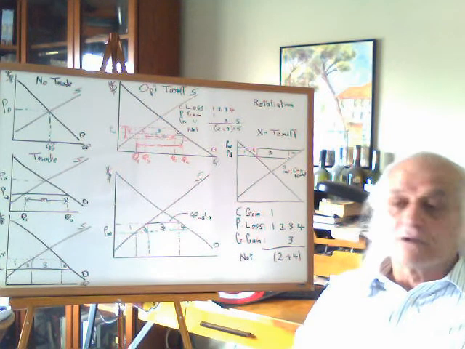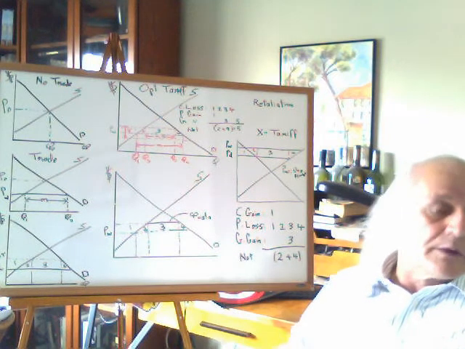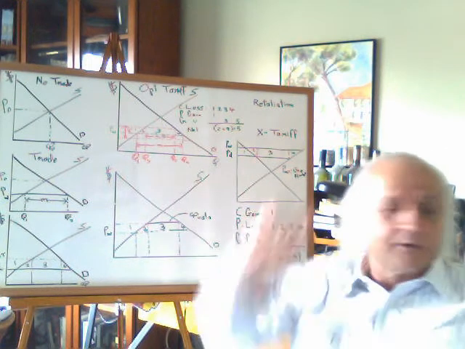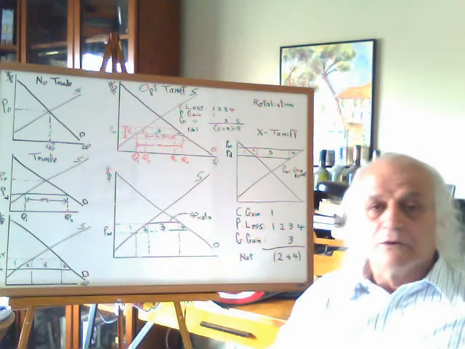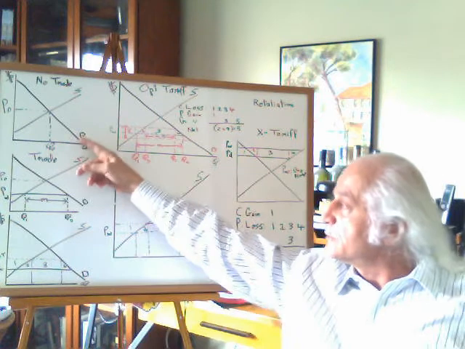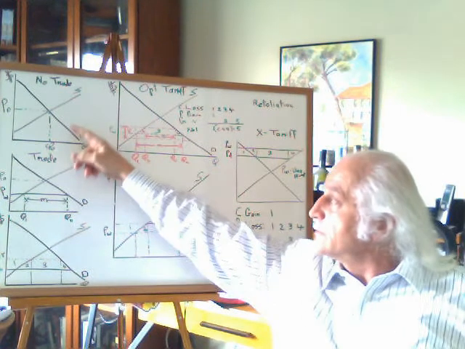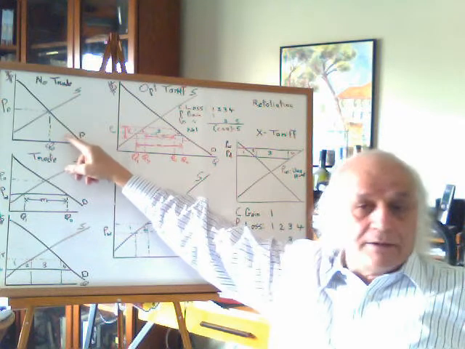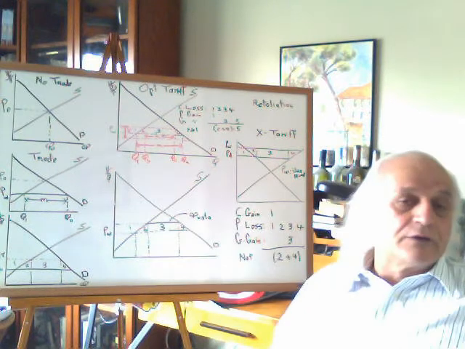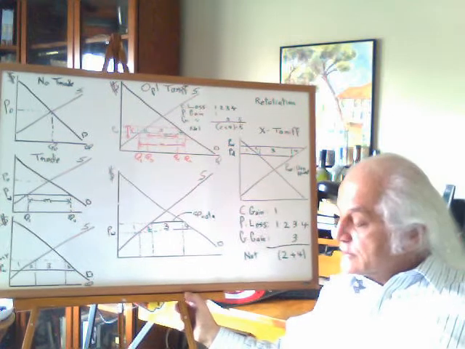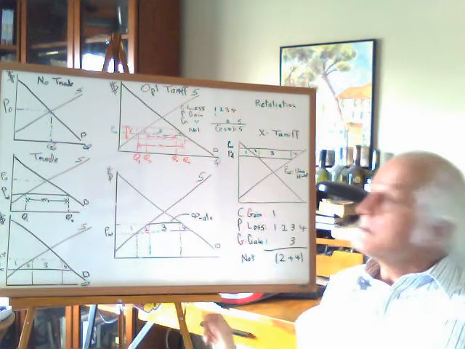The best thing to start with is a situation where there is no trade. Look at a commodity, whatever it is, shoes, textbooks, shirts. This is the demand, and this is the supply for that commodity in this particular country, and there is no trade.